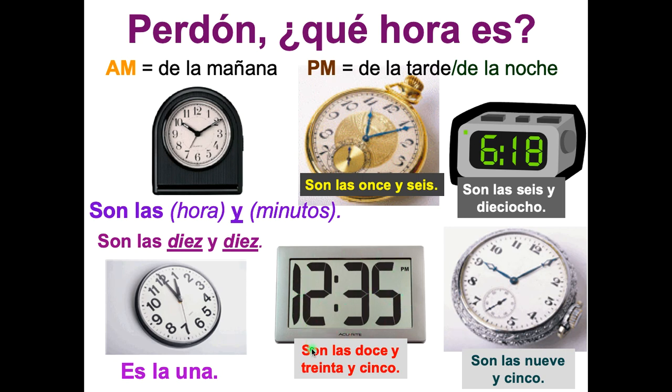So then we would say son las 12:35 de la tarde. Okay? And then let's say that this is 9:05 p.m. So then it's already nighttime. So we say son las 9:05 de la noche. Okay? So you'll need to remember AM and PM for telling time.